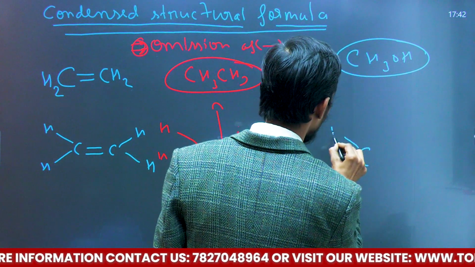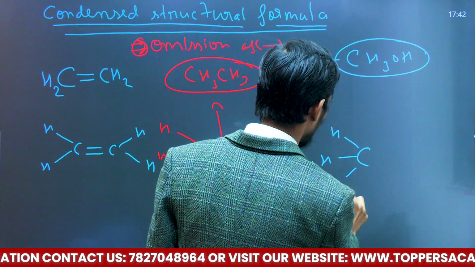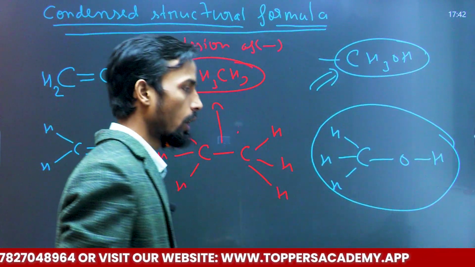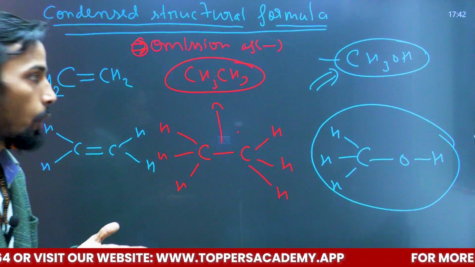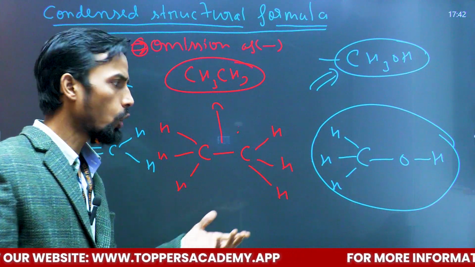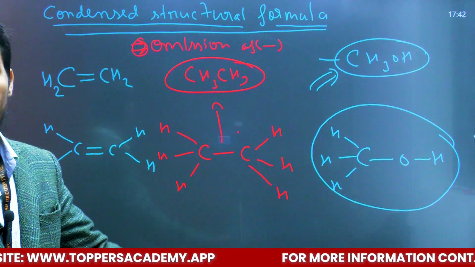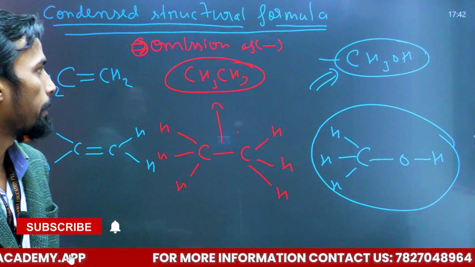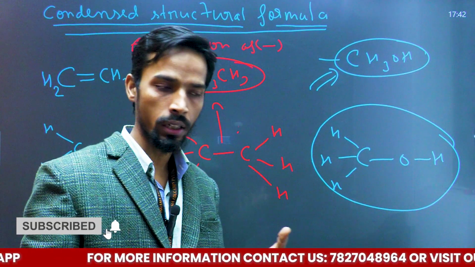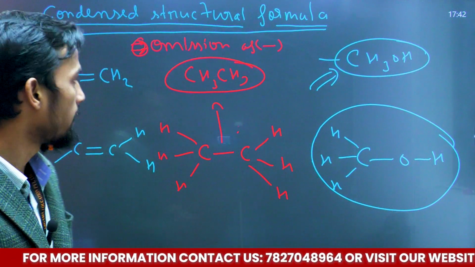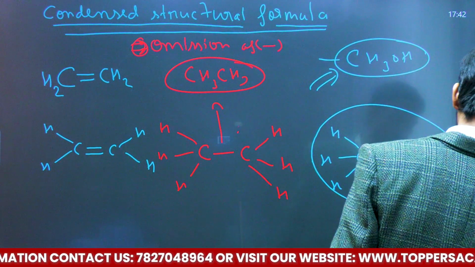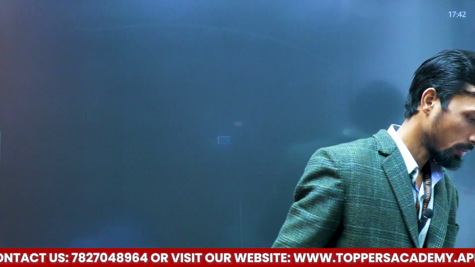If you see the dash structure of this, it is like this, with OH, or you can say the complete structural formula. So many more compounds can be written like this, any number of compounds, any lengthy compound. We will discuss those when we come to the next topic, the bond line notation.